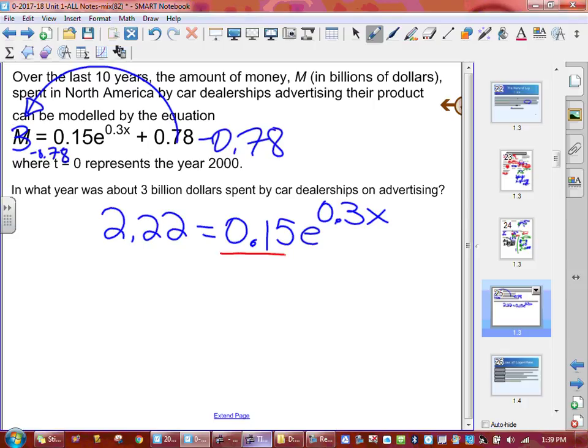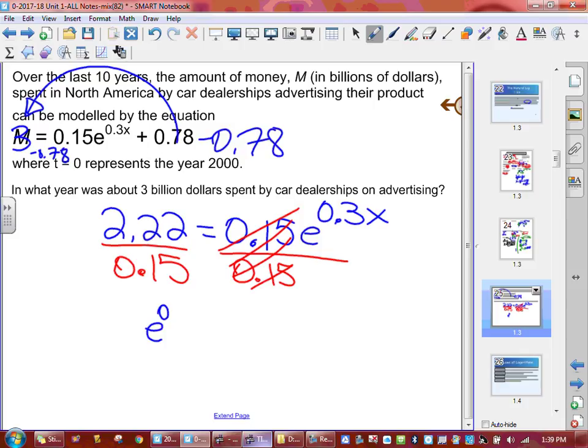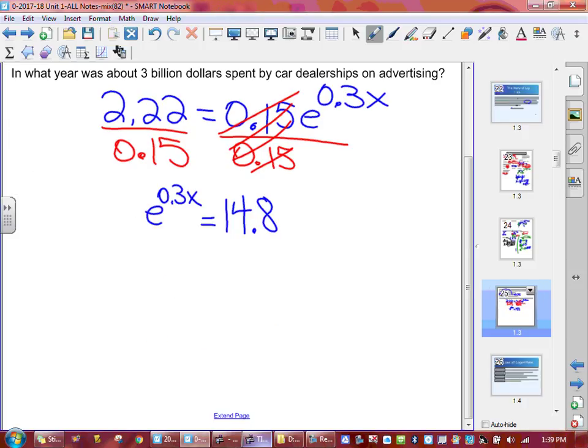Okay, so I've got e to the 0.3x equals 14.8. That's what we should get. So, whenever the exponent is way up top, we want to get the exponent down. Just like when we use log questions, we wanted to get our bases down.